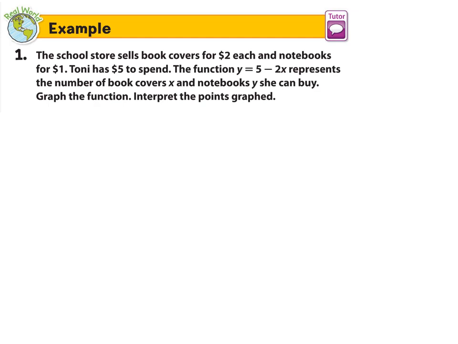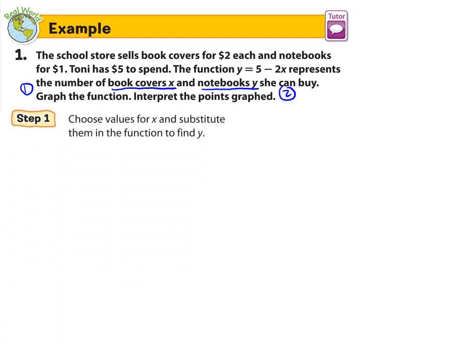The function y equals 5 minus 2x represents the number of notebooks, y, she can buy when she buys x book covers. So book covers is going to be my x, and notebooks, y. Graph the function. That's the first thing. And then interpret the points graphed. Second thing we're doing.